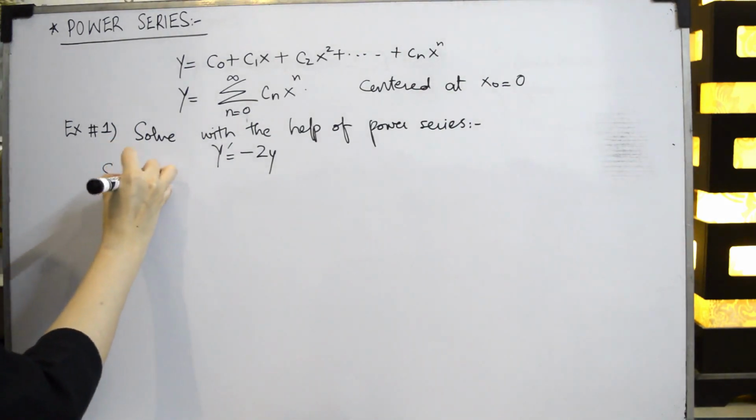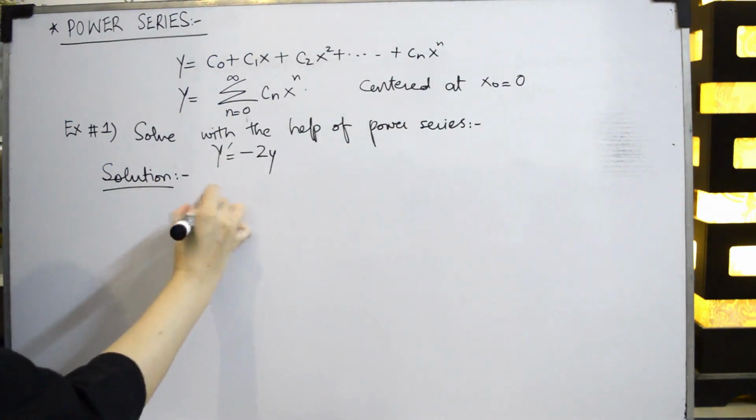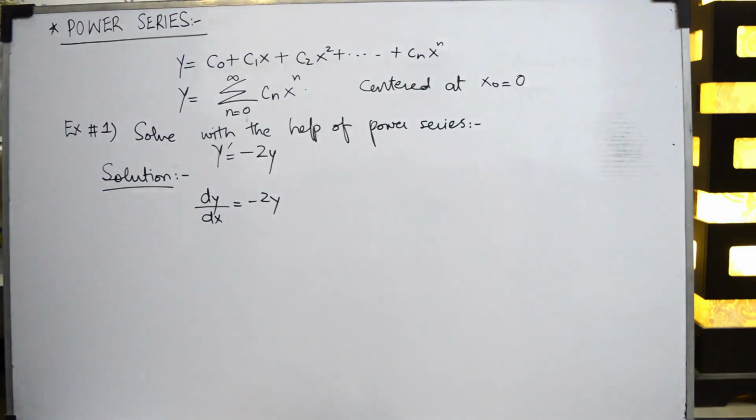For the analytical solution, y dash is dy by dx, equal to minus 2y. How can it be solved? By any method. You can apply separation of variables, or a linear integrating factor, or any other technique.